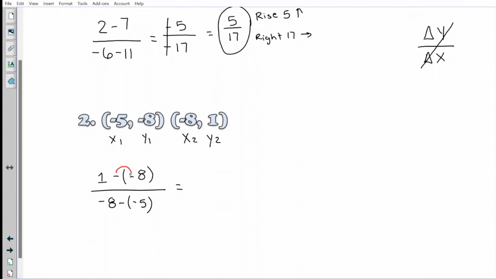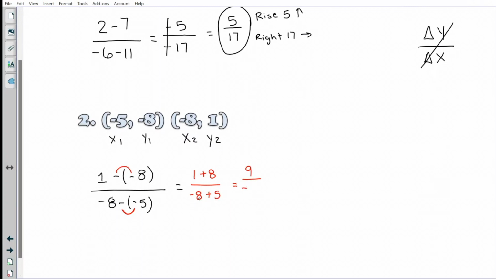In this case, we have a negative and a negative. That becomes a positive. When two things are right next to each other, it's as if they're multiplying. You're doing a sign times a sign. So that becomes 1 plus 8. Over, same thing on the bottom. We have a negative and a negative, so that becomes -8 plus 5. You're left with 1 plus 8 is 9 over -8 plus 5. We have different signs, so we keep the sign of the bigger number.